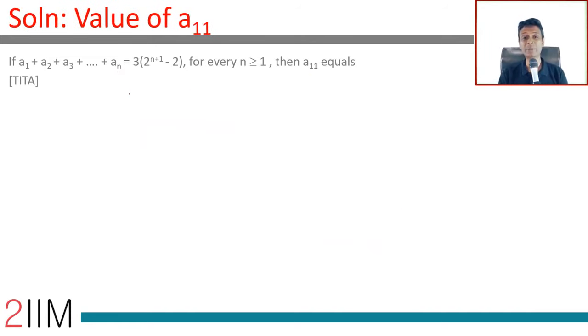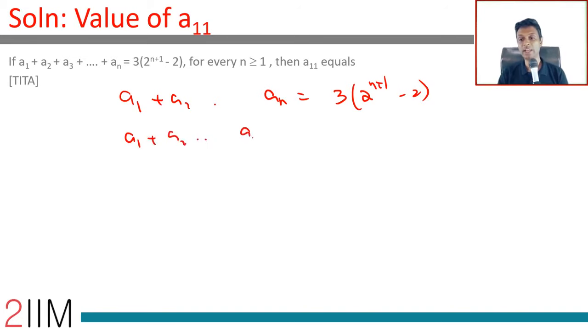The other, more mathematical way of doing it: A1 plus A2 all the way till AN is 3 into 2 power n plus 1 minus 2. A1 plus A2 all the way till AN minus 1 is 3 into 2 power n minus 2. Subtract one from the other, all of these disappear.